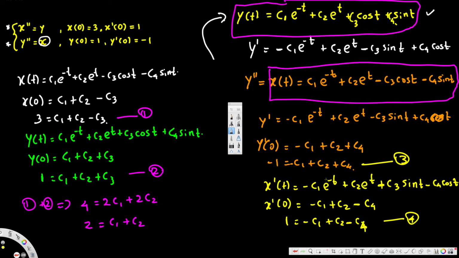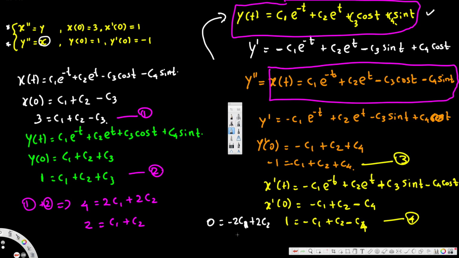If we add 3 and 4, you can see the c4 terms cancel, and we end up with 0 equals negative 2c1 plus 2c2, since the c4 and negative c4 are cancelled.